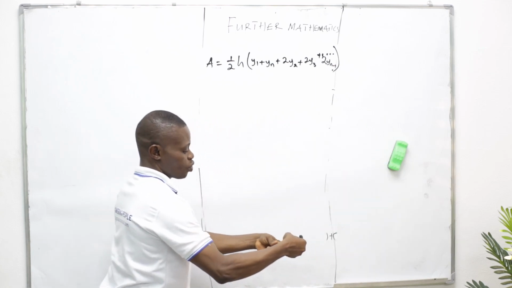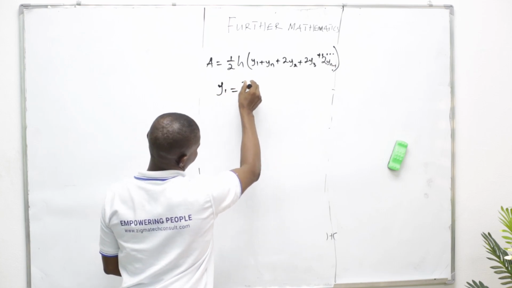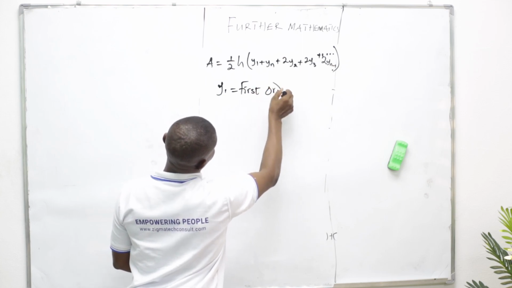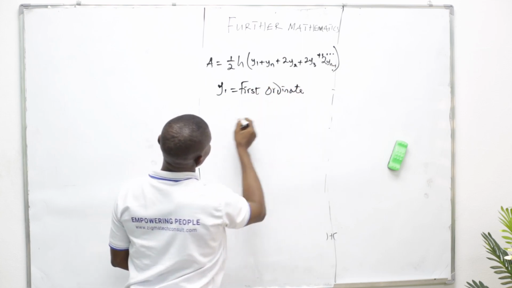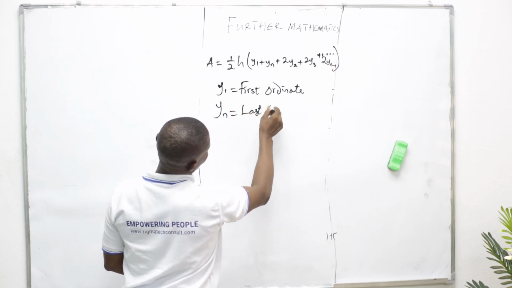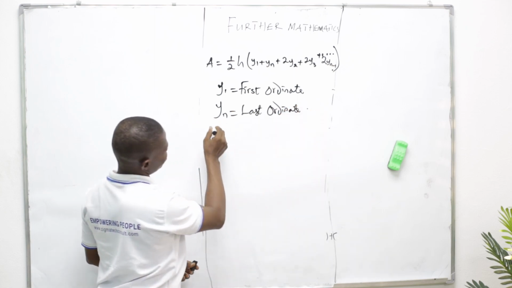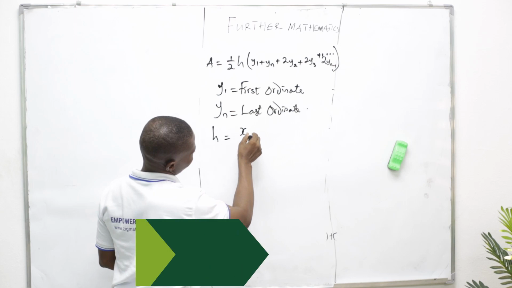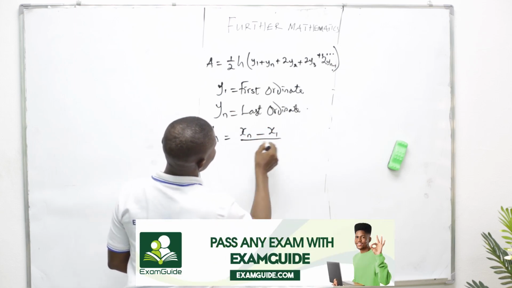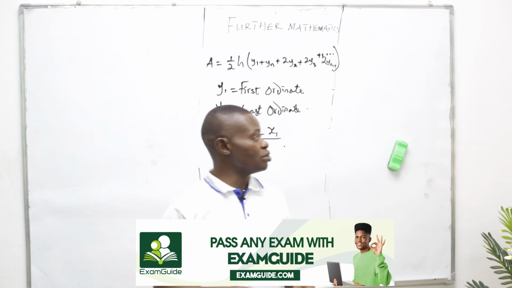But before that, this y1 represents the first ordinate. Yn represents the last ordinate. H is simply x_n minus x_1 divided by n, where n is the number of ordinates minus 1.